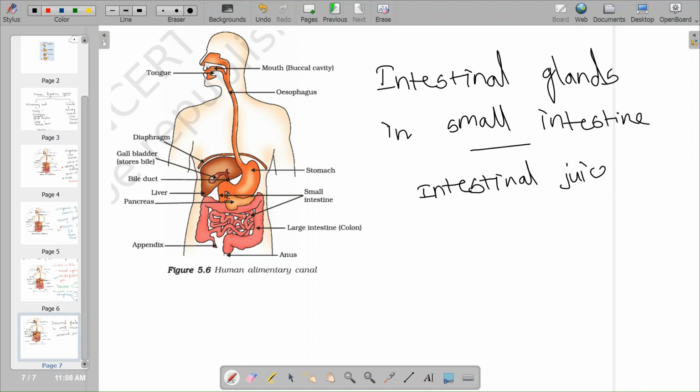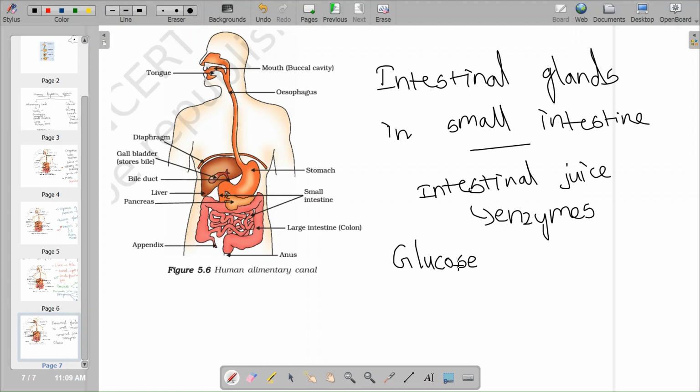Now this intestinal juice contains enzymes. These enzymes are proteolytic, lipolytic, and amylolytic enzymes. Amylolytic means the digestion of carbohydrate. So these enzymes in our small intestine can convert all the carbohydrates into their simplest form, glucose.